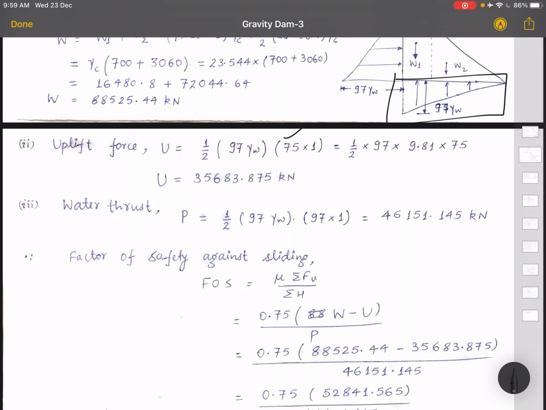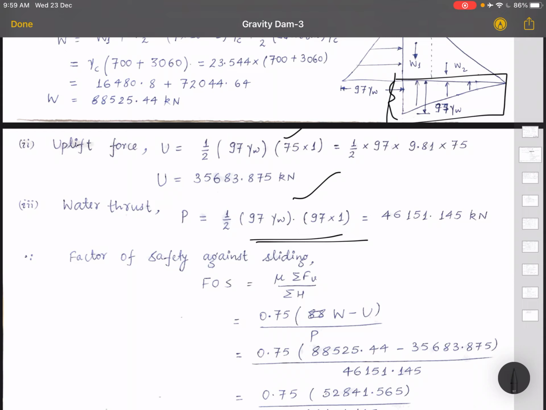Finally you get U as this value. Now the horizontal force is only the water thrust at the upstream side, so that also you can get directly. This is very simple. If you have got the concept very clearly, you will easily solve the problems.